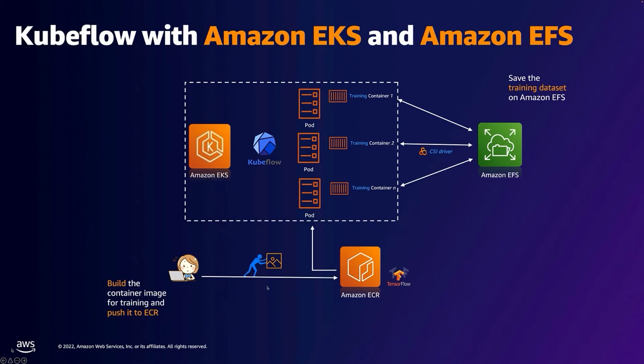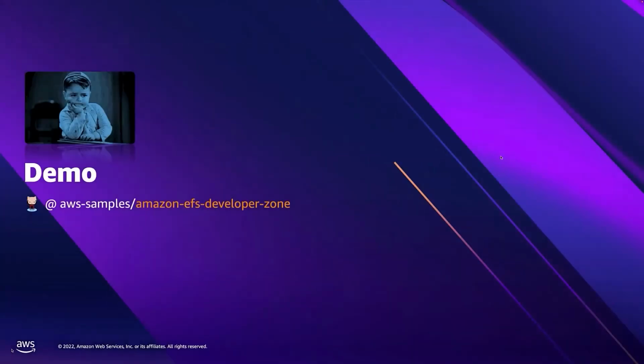For our training job, we are going to build an image and push it to ECR, which is our container registry, kind of like Docker Hub, but within AWS. Then we will start the training job on our EKS cluster using Kubeflow, and it is going to pull the image from ECR and run the training job on the training dataset, which is saved in EFS. Okay, let's jump into the demo and see it all in action.